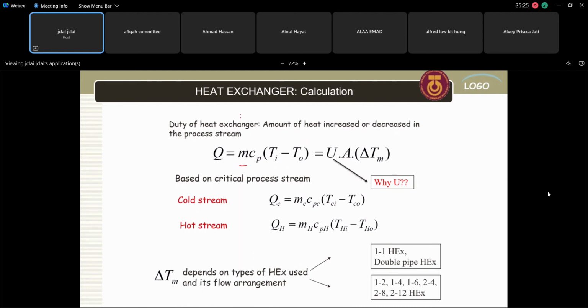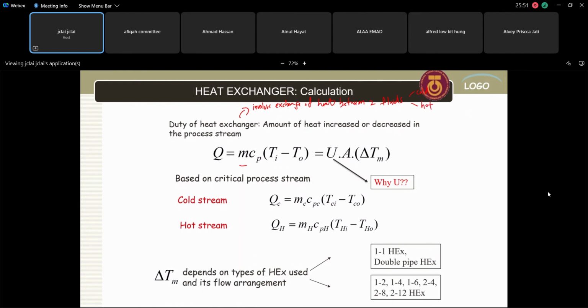A heat exchanger involves exchange of heat or thermal energy between two fluids, right? One is cold fluid, one is hot fluid.